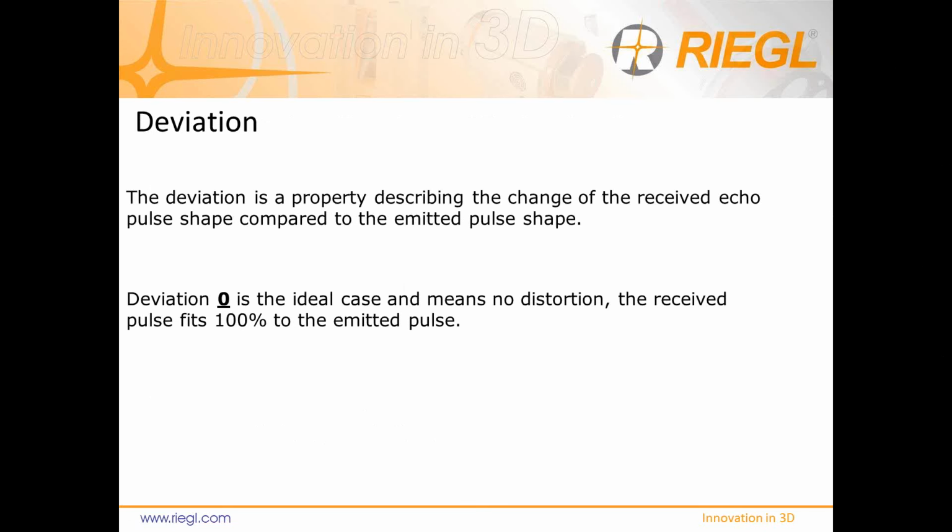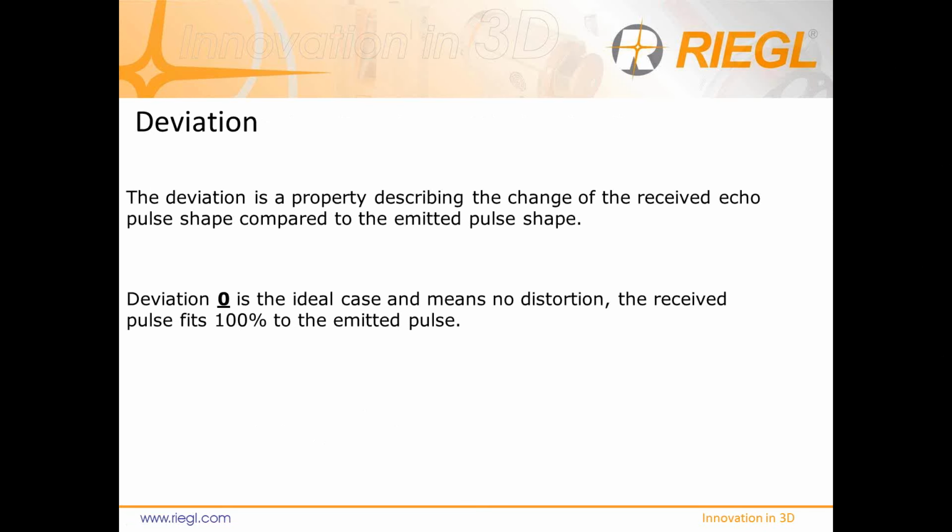Deviation, as Ananda explained earlier, is the property describing the change of the received echo's pulse shape compared to the emitted pulse shape. You will see this in target surfaces that are textured and in their orientation with respect to the incoming laser pulse. Pulse shape, especially through vegetation, will broaden and thus increase the deviation value.